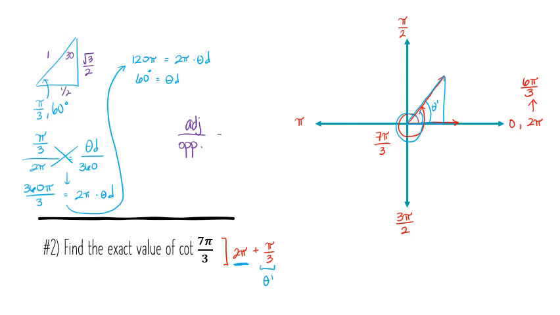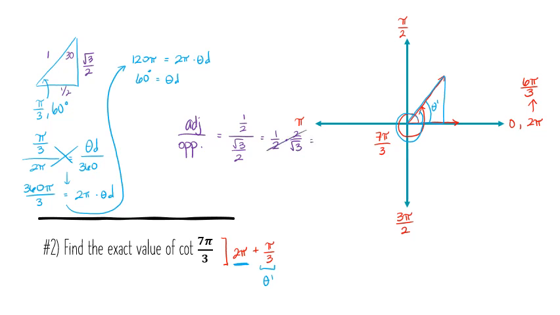So the cotangent of 7 pi over 3, which is the same thing as the cotangent of pi over 3, which is the same thing as the cotangent of 60 degrees, my goodness, that is going to be equal to 1/2 over the square root of 3 over 2. And if we simplify this, we'll have 1/2 times the reciprocal, 2 over the square root of 3.